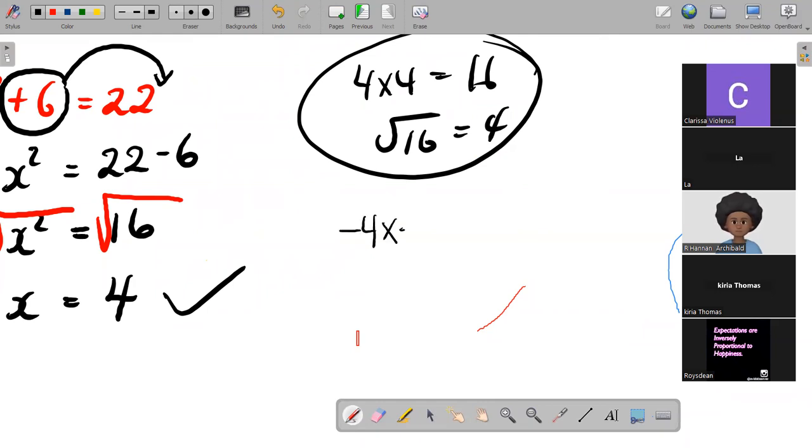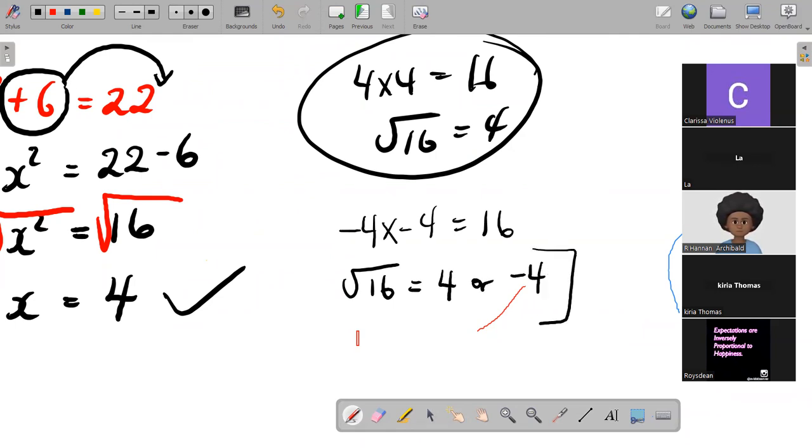-4 times -4. What is the answer of that? -4 times -4 is what? This is a question for everybody. +16, right? So it means then that if I square root positive 16, I could get either positive 4 or negative 4. And this is actually very necessary when we're doing advanced algebra.